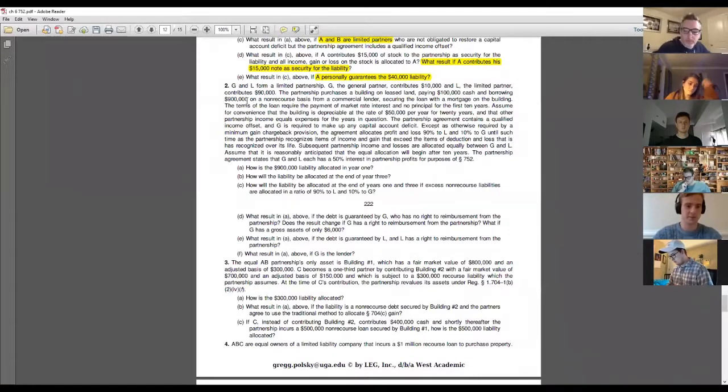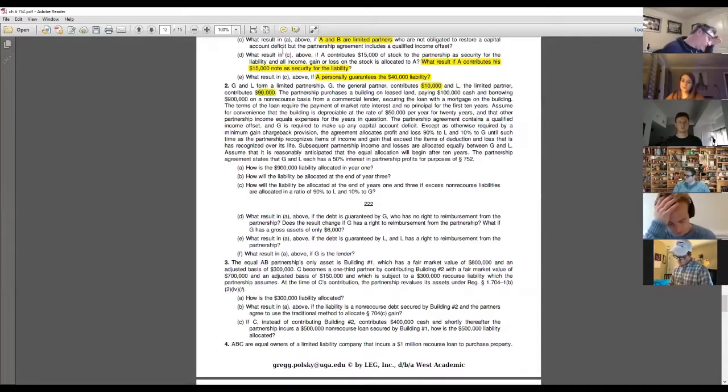We're here now on problem 2. So again, this is a nice review of minimum gain. And so we have G and L here. G is contributing cash of 10, L is contributing cash of 90.